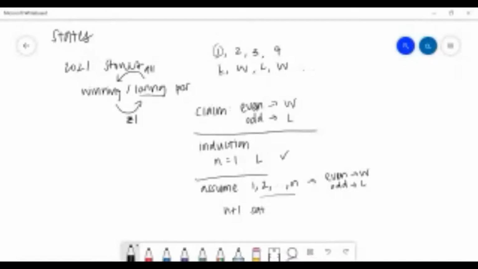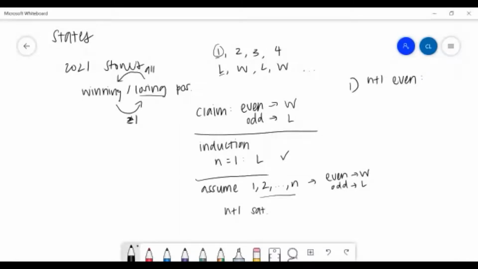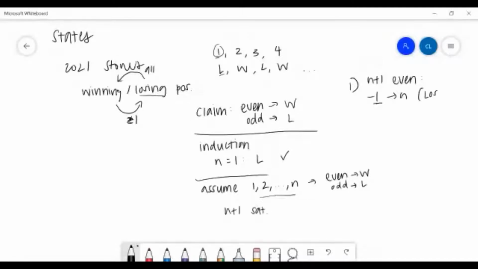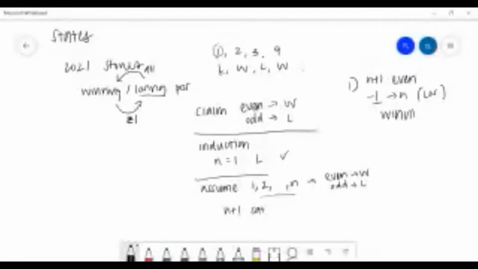So if n plus 1 is even, then n is odd. You can subtract 1 from the number of stones in the pile and get to n stones, which by the inductive hypothesis is odd and losing for the opponent. So then n plus 1 stones is a winning position.